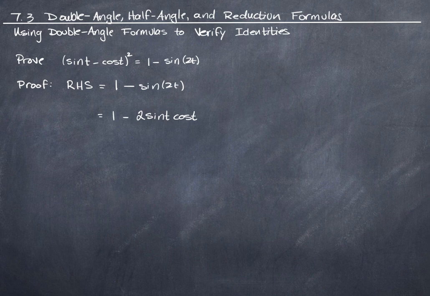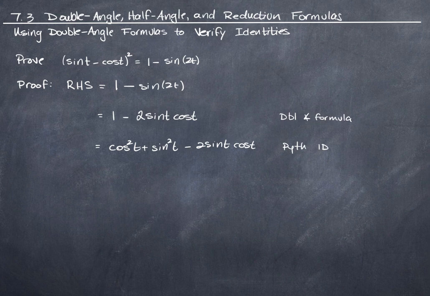Well, my question only has sines and cosines in it, so maybe I'll try changing 1 to cosine squared of t plus the sine squared of t minus 2 sine t cosine t. That is the use of a Pythagorean identity. The one above it was the use of a double angle formula.